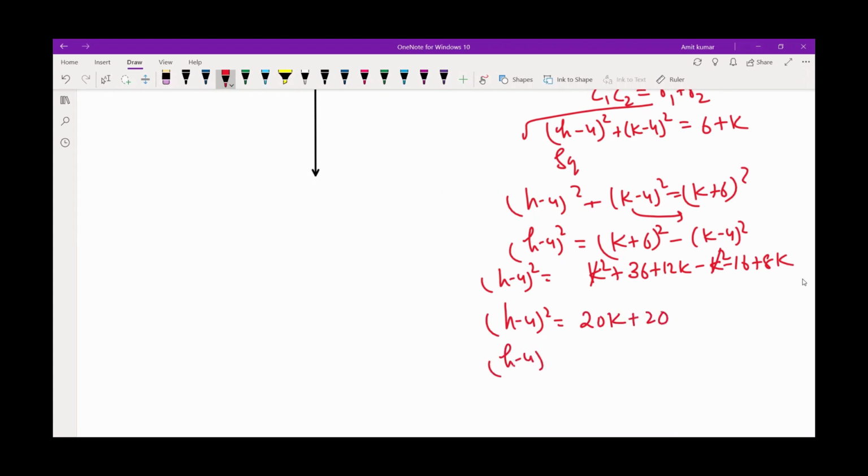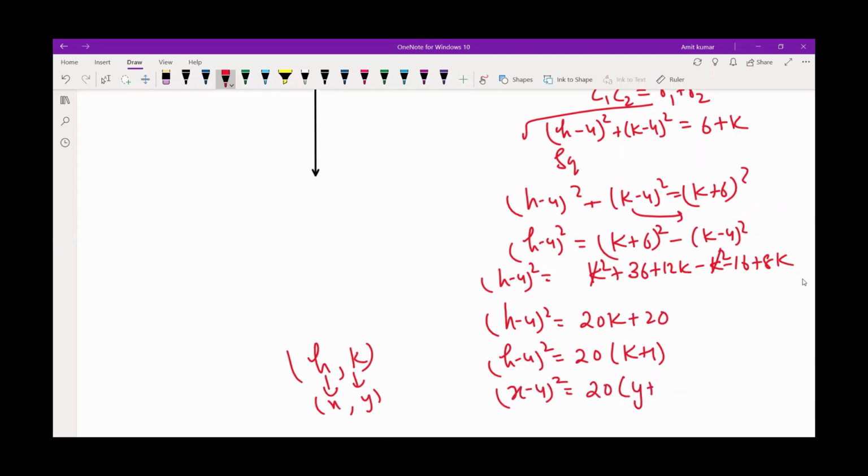Take 20 common and replace H by x and K by y. So we get the required locus, (x minus 4) whole square equals 20 into (y plus 1), and this is the equation of a parabola.